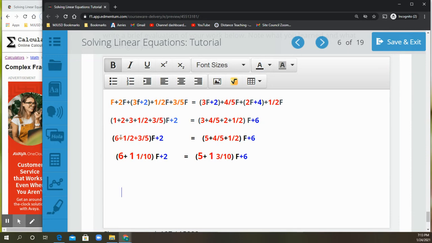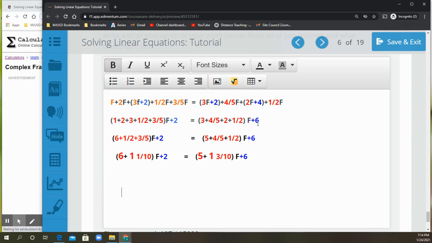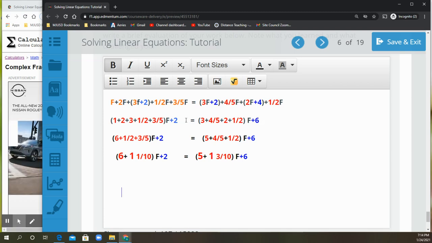All right, so once we have 1 + 2 + 3 plus half plus 3/5 multiplied by F plus 2 and equals 3 + 4/5 plus 2 plus half multiplied by F plus 6, then we break it down.